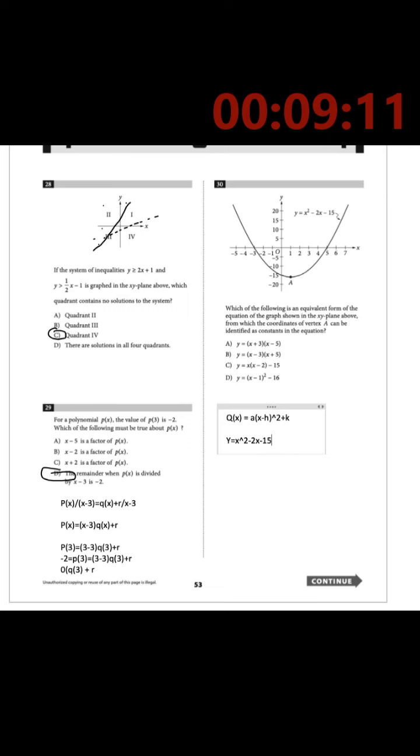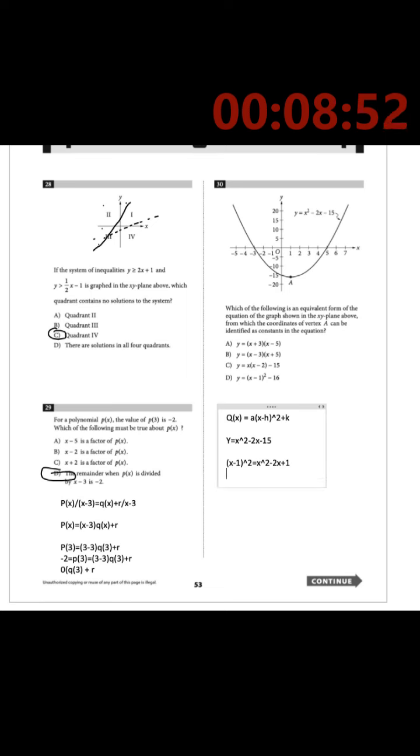So the equation can be written in the form of (x minus 1) to the power of 2, which equals x squared minus 2x plus 1.